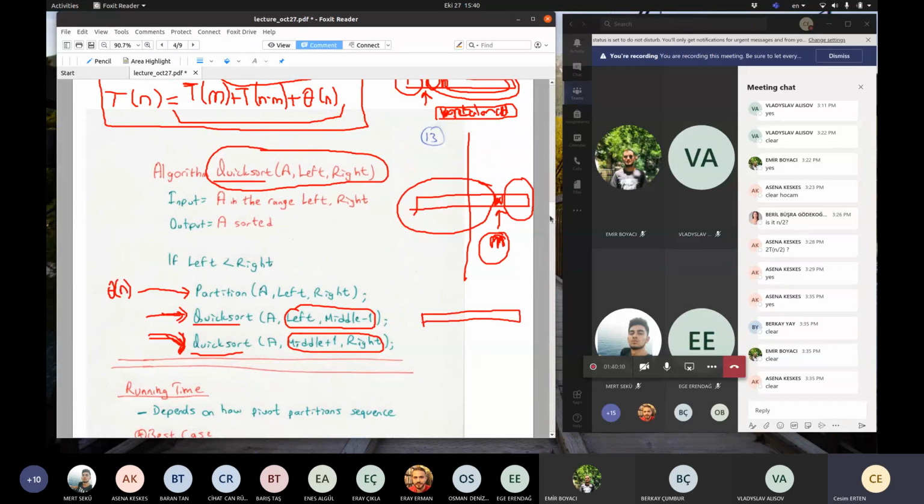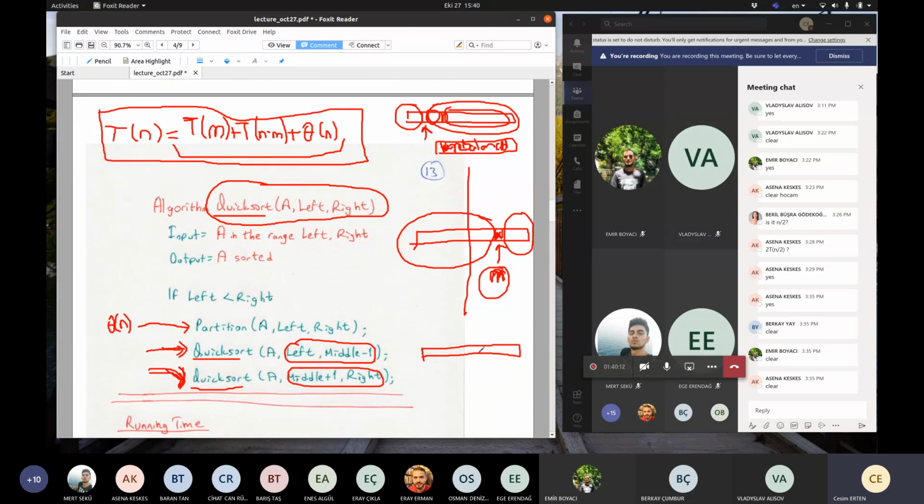We can have balanced partitions, so that right after the partition operation we find out that the pivot index belongs almost to the middle of the array, so that for the left subarray, where we execute the first recursive call, we have almost n divided by 2 elements.